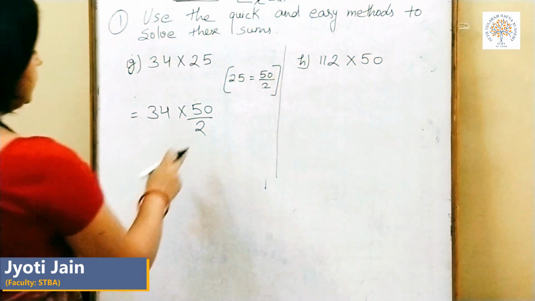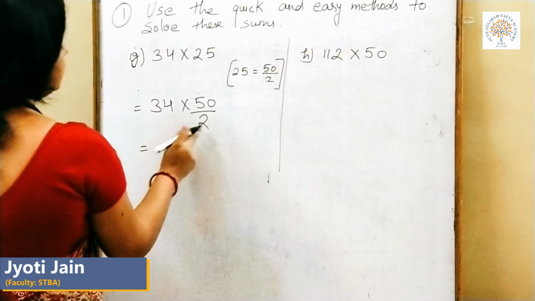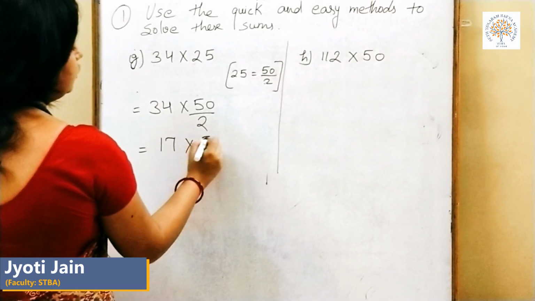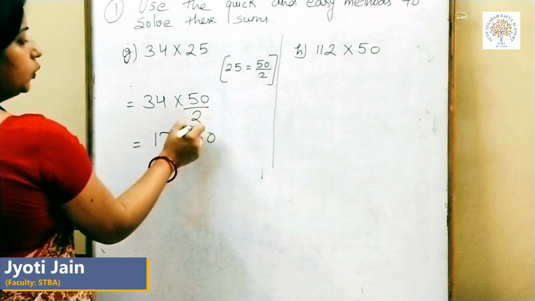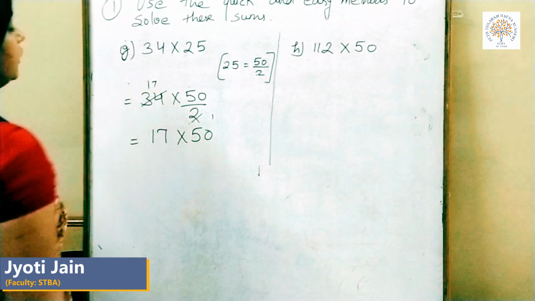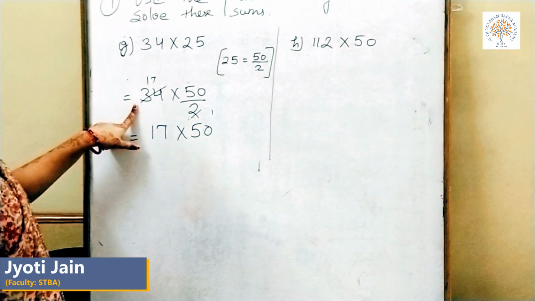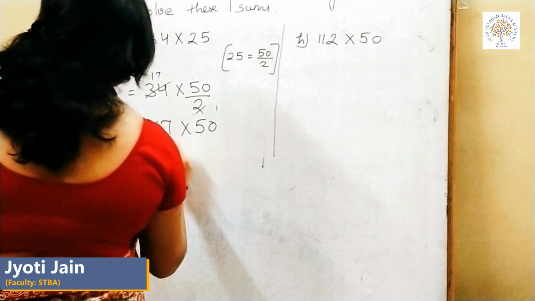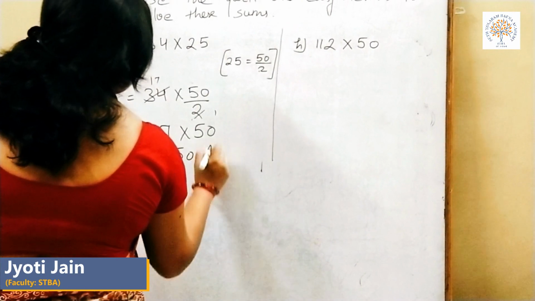This is the first step. Okay, so now cut it. 2 and 34 will become 17 into 50. 2 ones are 2, and when we cut it with the table of 2, we will get 17. So 17 5s are 850.